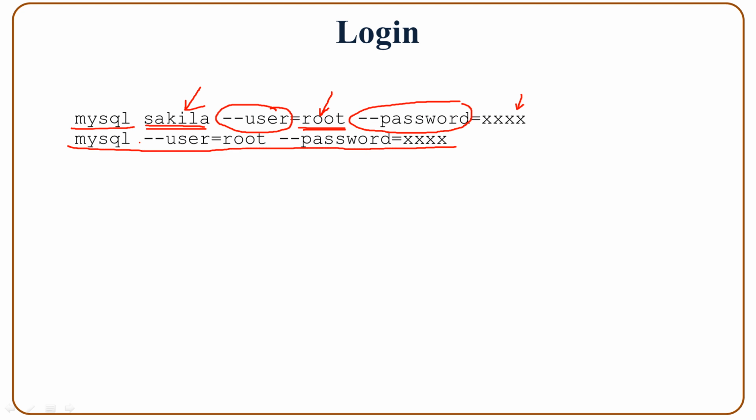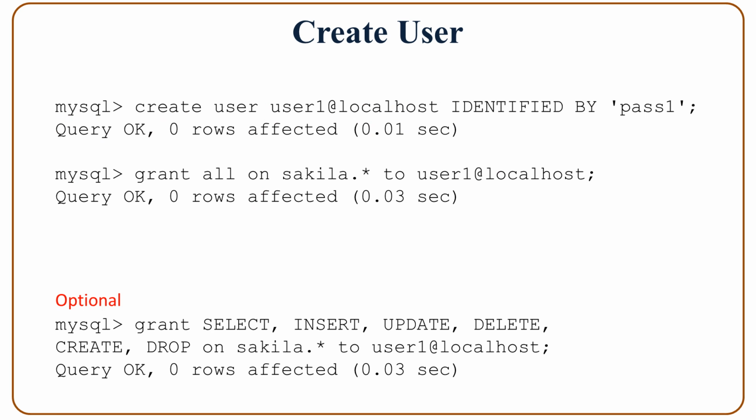When you work on the MySQL database, sometimes you have to create users for other users, and grant privileges for them to get access to the data on the server. So in order to create a user, use the syntax create user and then username.